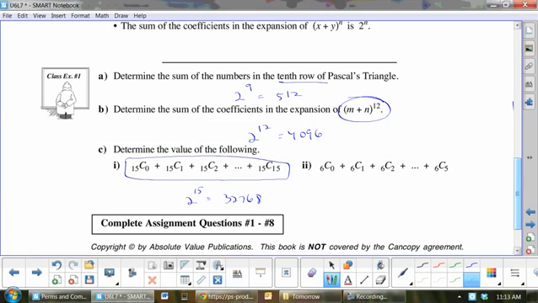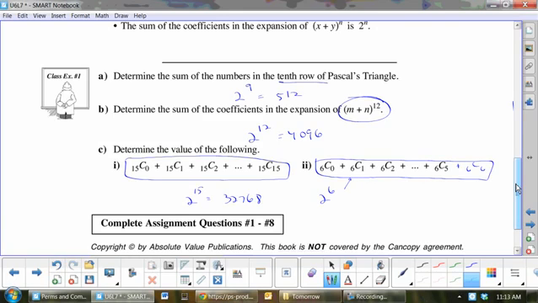Now this next one would be 2 to the 6. But do you see? This is not 2 to the 6, is it? Because what's missing? A term at the end is missing. So that's all of this.